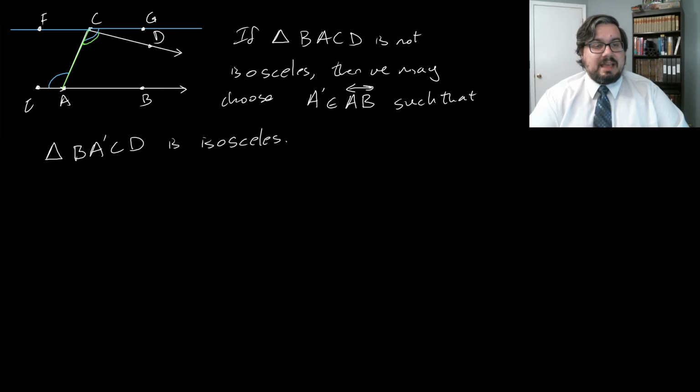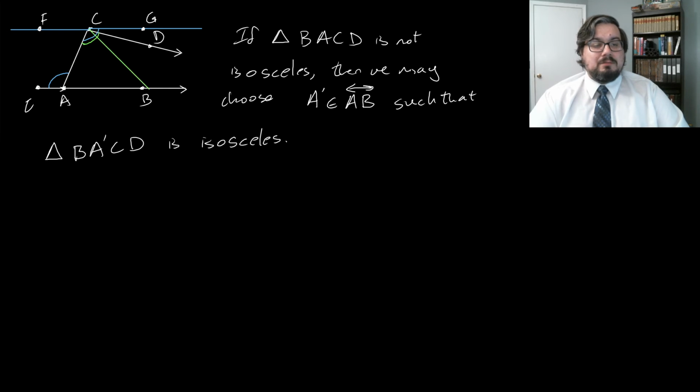And let's suppose that the angle at A were greater than the green angle at C. Well, then we could move the point A further to the right along AB, which increases the angle at A prime and decreases the angle at C, and eventually they'll basically meet each other. And vice versa, we might go in the other direction in order to match them up.